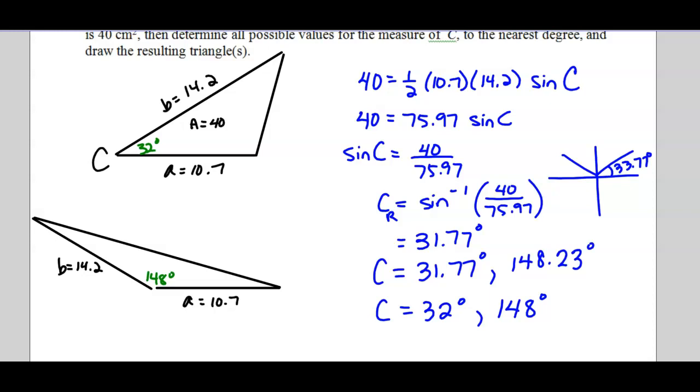If you have this angle, then you can't even do sine law. So two sides with a contained angle, always cosine law will give you the third side.